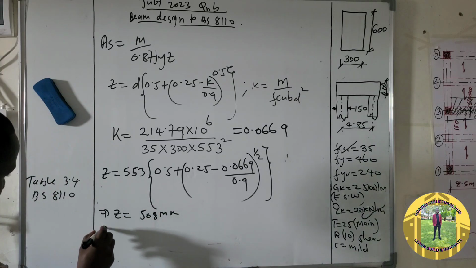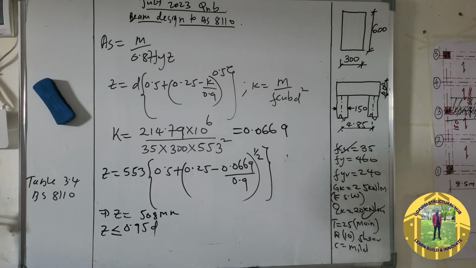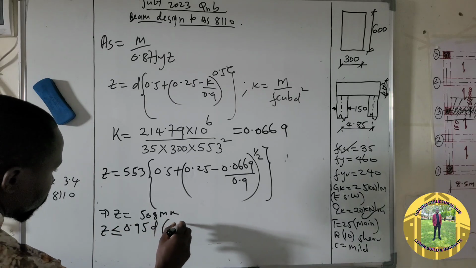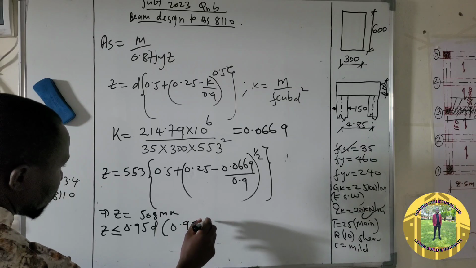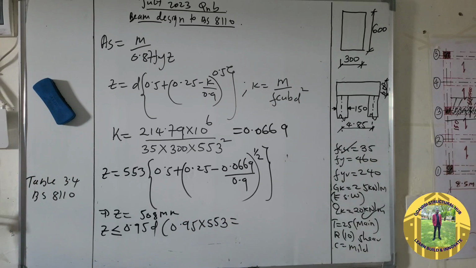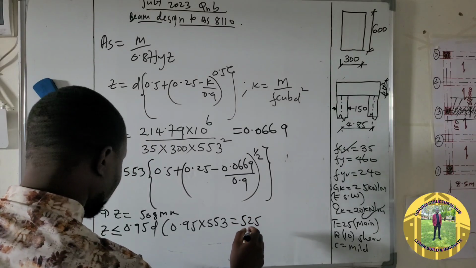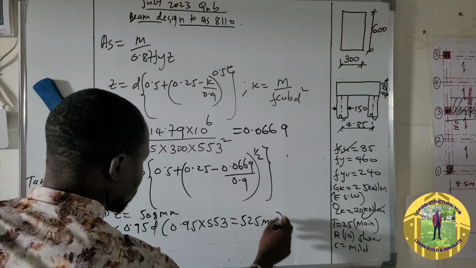And remember, Z should be less or equal to 0.95 D. So 0.95 times 553 is equal to 525 millimeter.